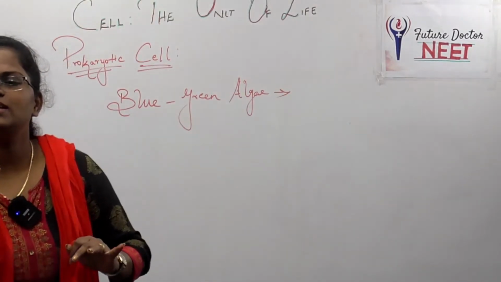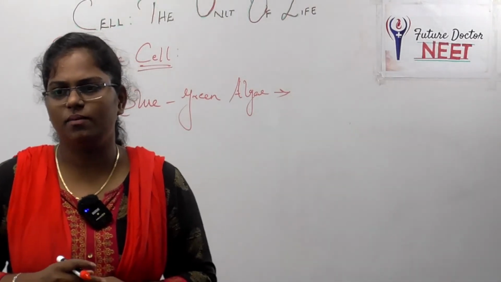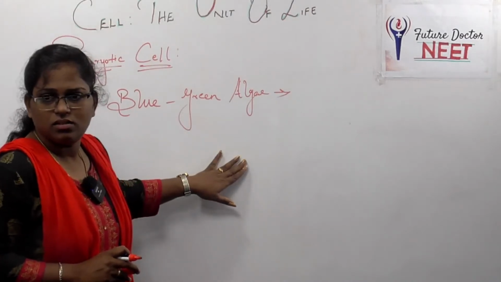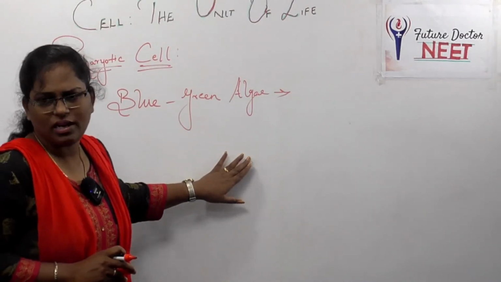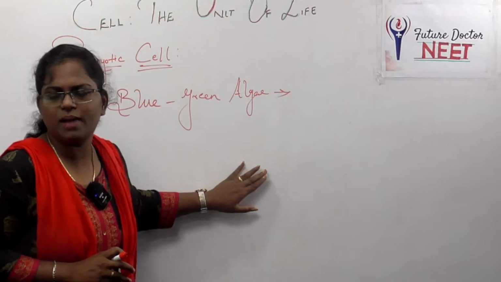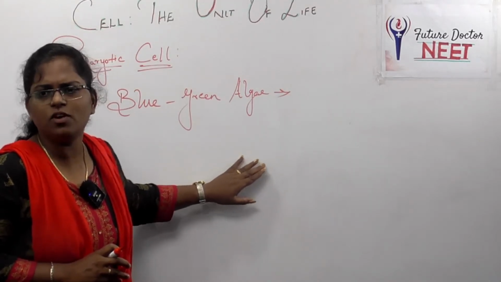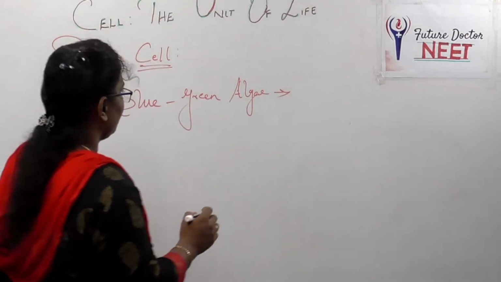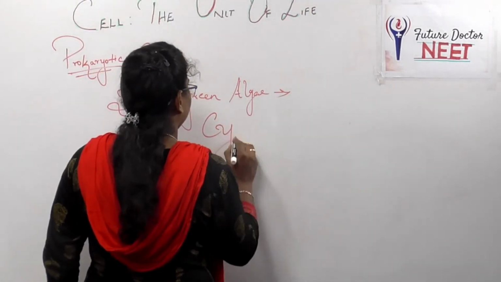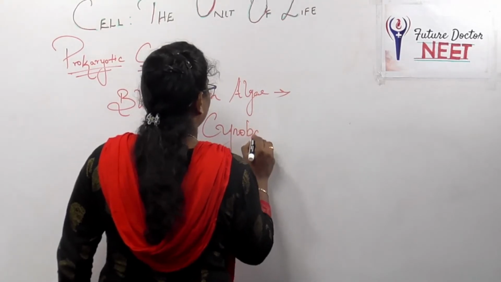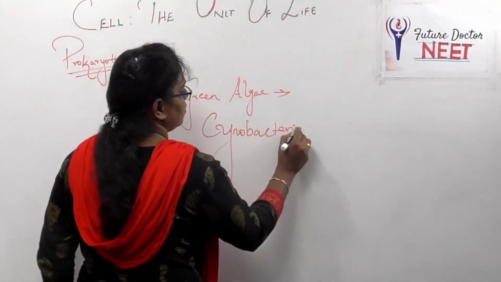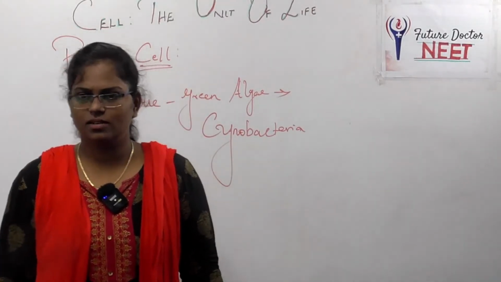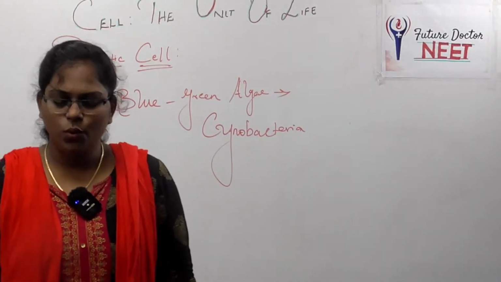So what will be the other name for blue-green algae? This is a bacteria, a living organism. What will be the other name for blue-green algae? Cyanobacteria, because it is giving color, right? So that is blue-green algae.